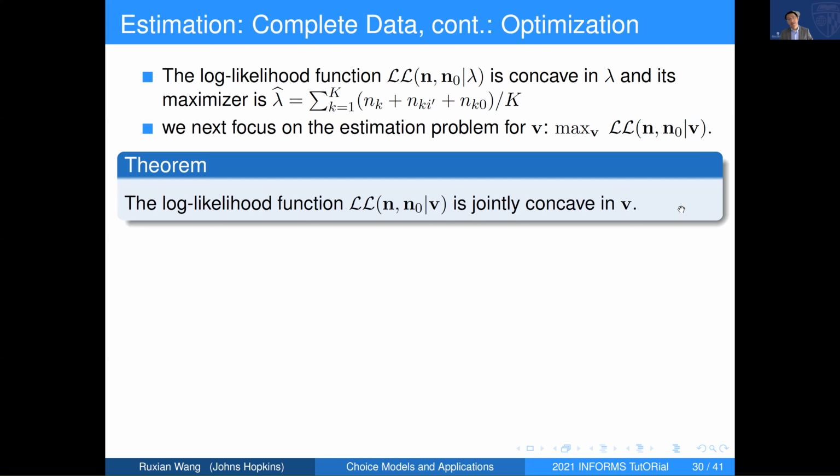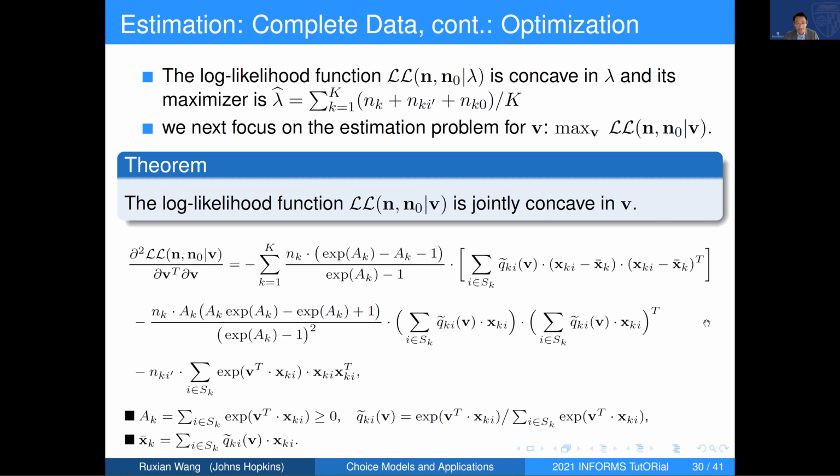We find that the choice probabilities are quite different from the MNL. And luckily, we find the log likelihood function is still jointly concave in the attribute coefficient V. Here we can show you the Hessian matrix has 3 parts. The first part, second part, and third part.